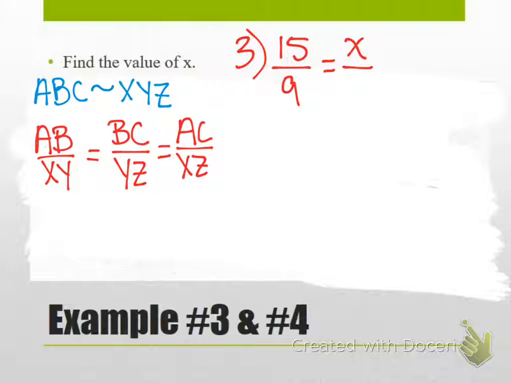And we would compare that to YZ, which is, what's YZ? 6. If you wanted to, we could continue this on and fill in AC. What's AC? 20. And XZ is 12. Okay, but we don't need to do that.